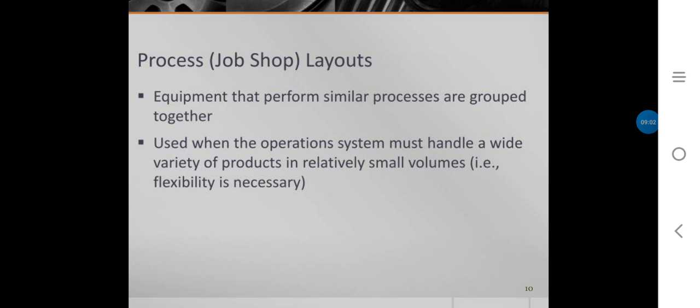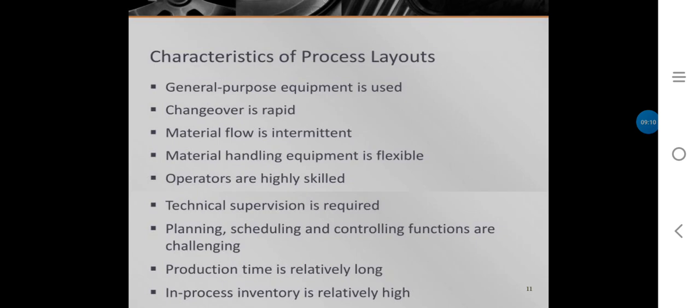Another example is machine shops, including milling, grinding and so on. The characteristics of the process layout: general purpose equipment is used, and changeover is rapid.